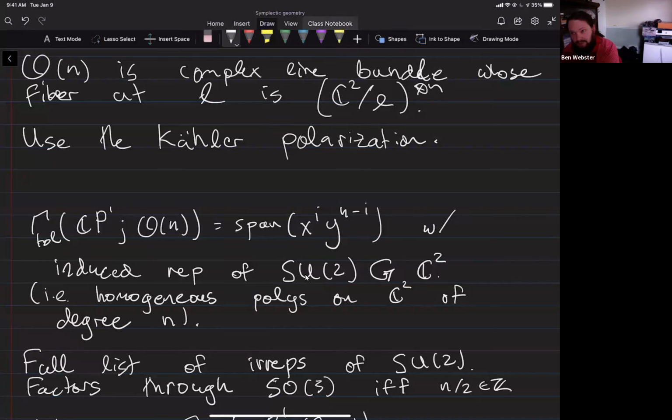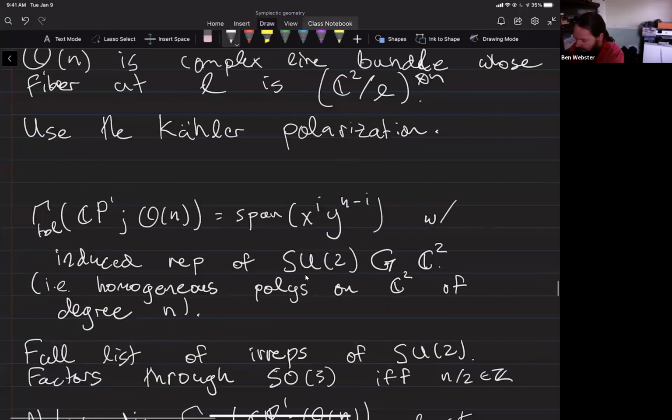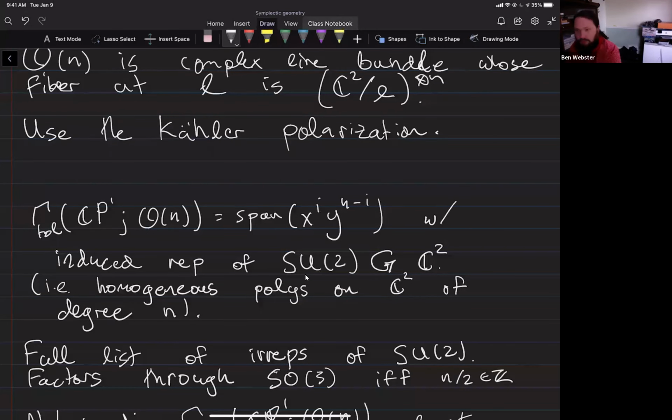Every finite dimensional irrep of SU2 is defined by looking at C2, which has the obvious action of SU2 on it. Now take degree n polynomials for some n. That's all the representations of SU2. And these factor through SO3 if n divided by 2 is an integer.